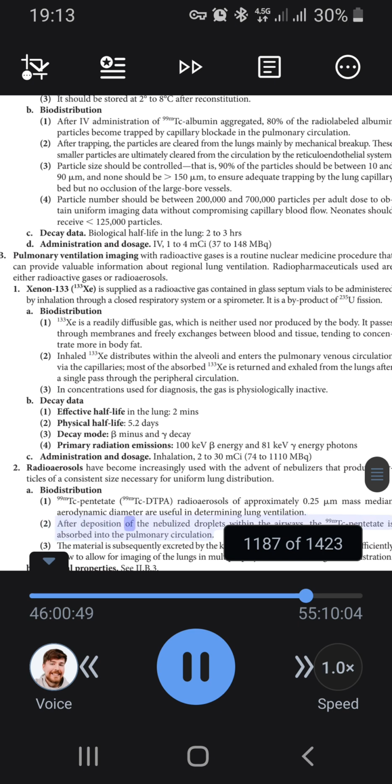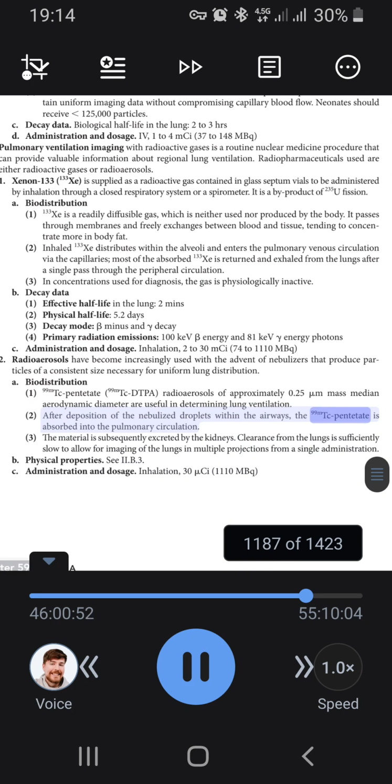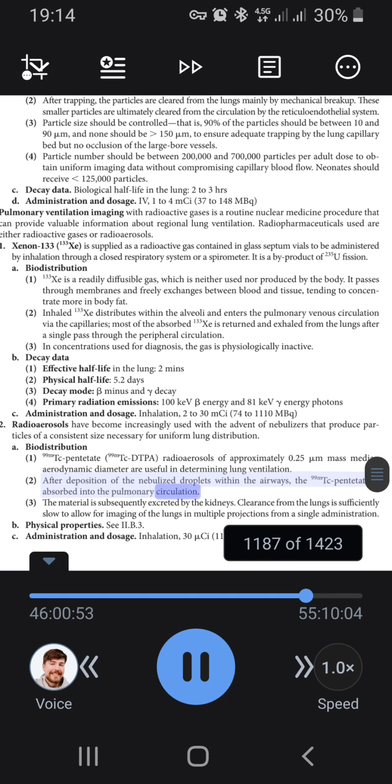After deposition of the nebulized droplets within the airways, the 99mTc pentetate is absorbed into the pulmonary circulation. 3. The material is subsequently excreted by the kidneys. Clearance from the lungs is sufficiently slow to allow for imaging of the lungs in multiple projections from a single administration. B. Physical properties.